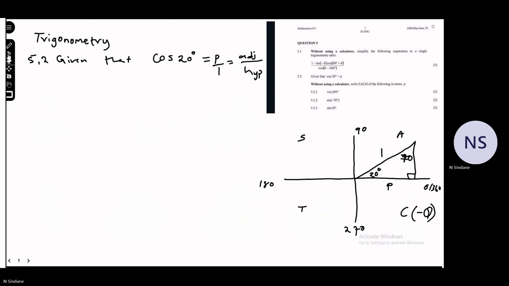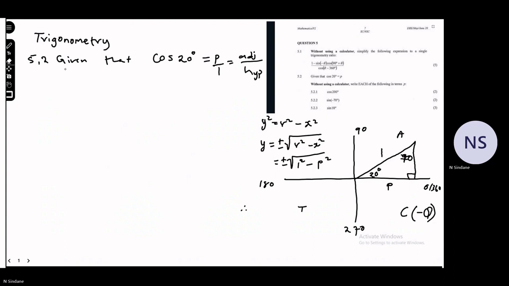Now, what's missing there is the opposite, my y value, right? Let's try to calculate the y value. So we'll say y squared is equal to r squared minus x squared. Then y is equal to plus minus square root of r squared minus x squared. This gives you plus minus square root of 1 squared minus p squared.